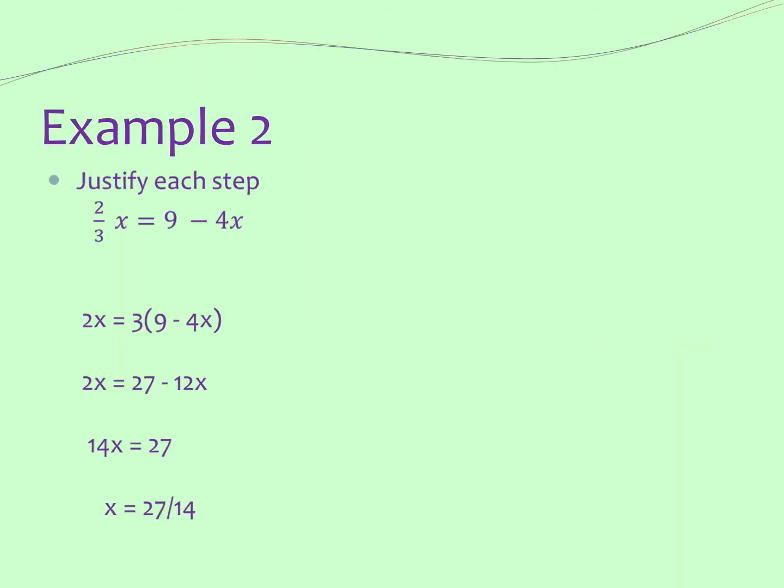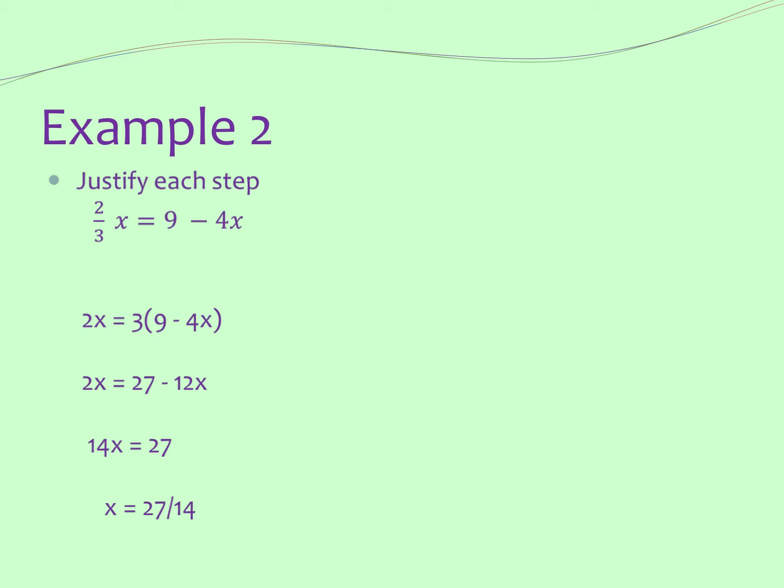Okay, in this course, we're going to be writing proofs. The types of proofs that we're going to be writing are called two-column proofs. Now, this one's already given you all the steps it took to solve for x. What we need to do is give the reasons or explain what we did going from one step to the next.